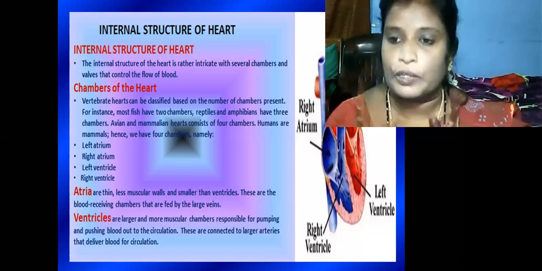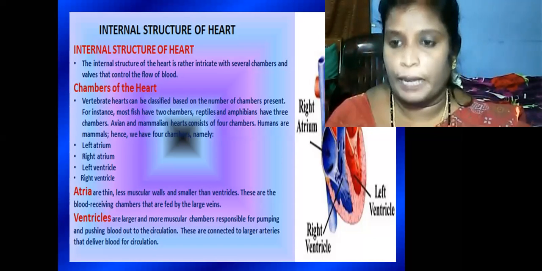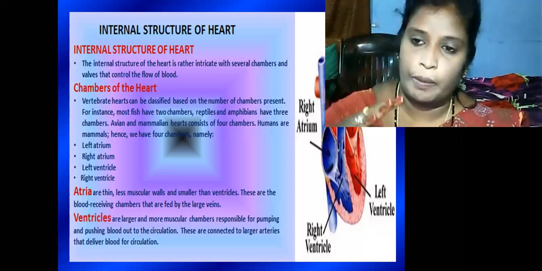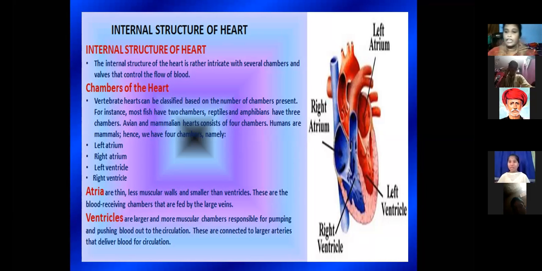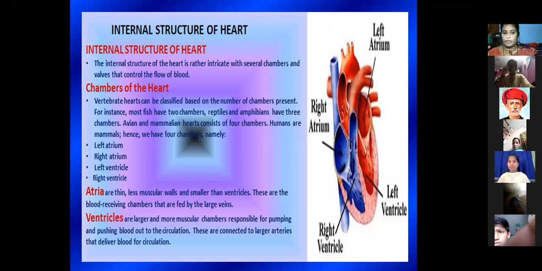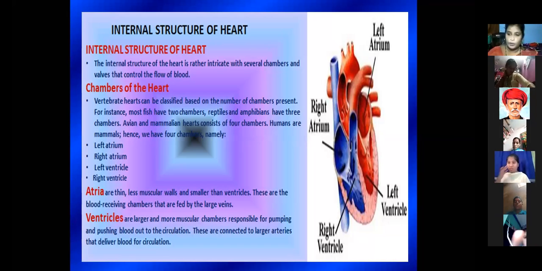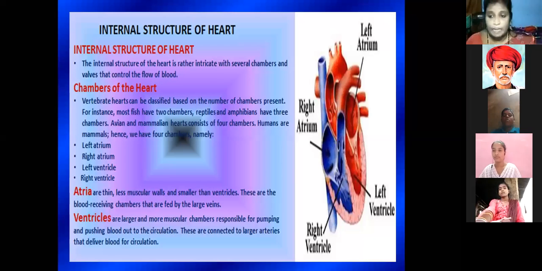During the process of pumping, the heart pumps blood to all parts of the body and collects it from all parts of the body back to the heart. That means the blood is pumped towards and away, and this is done with the help of the four chambers.